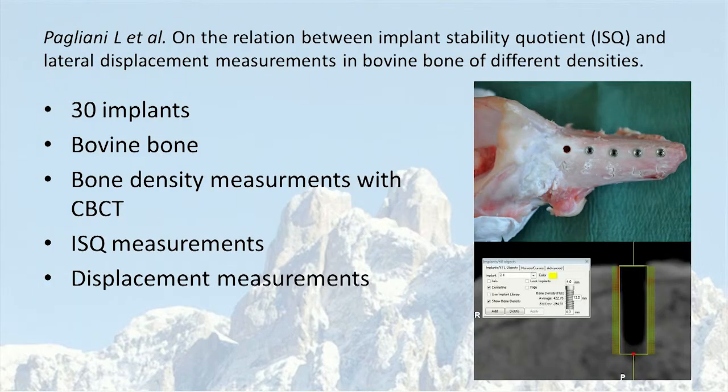So we did a simple in vitro investigation where we placed implants into bovine bone specimens. With cone beam CT, we could measure Hounsfield units around the implants, and then we measured with the ISQ technique, and also we measured displacement.